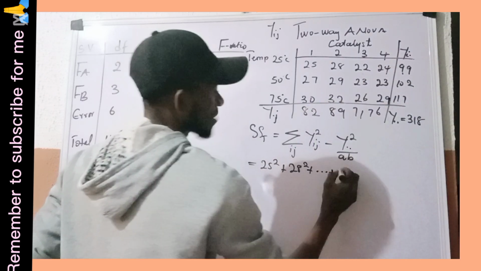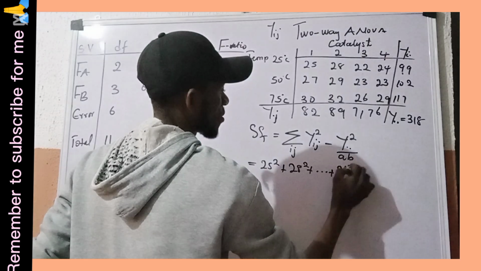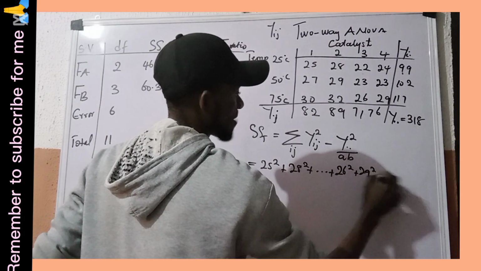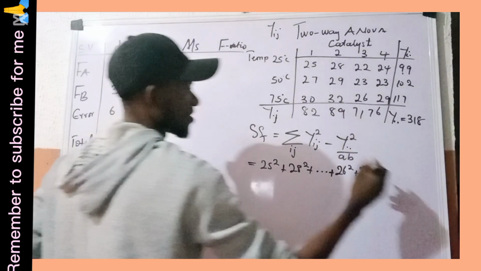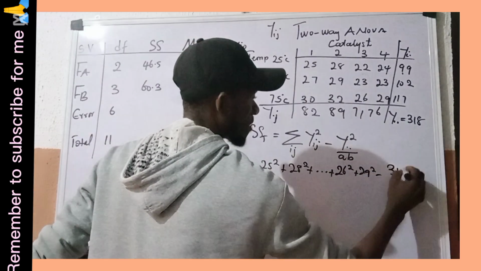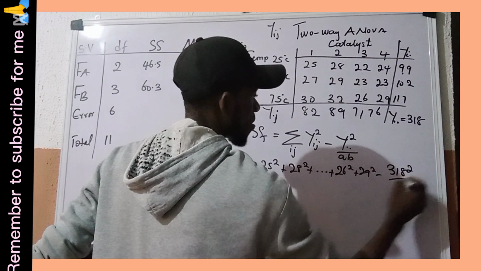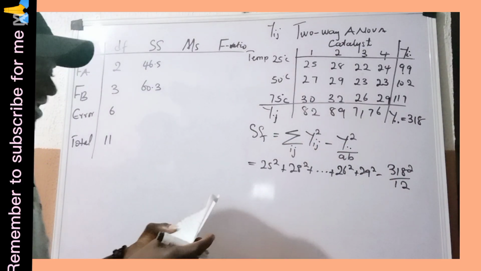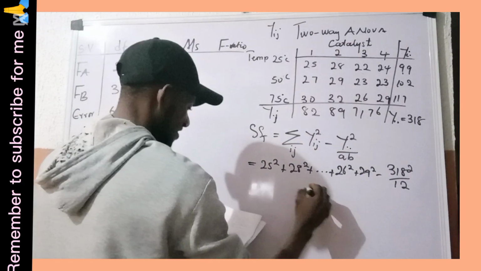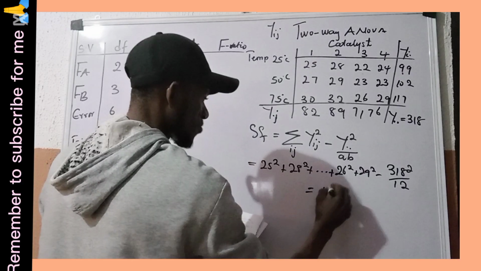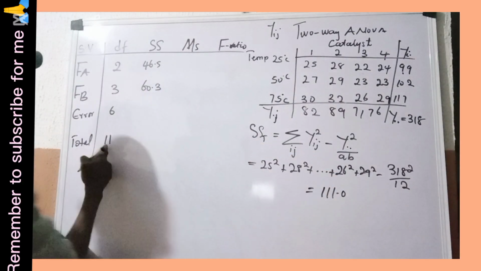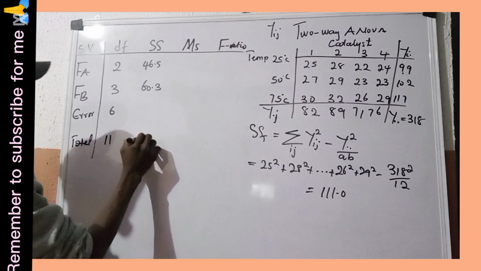The last two become 26 all squared plus 29 all squared, minus 318 all squared all over 12. If you evaluate this, the answer they gave is 111.0. So we quickly come to this total and write 111.0.